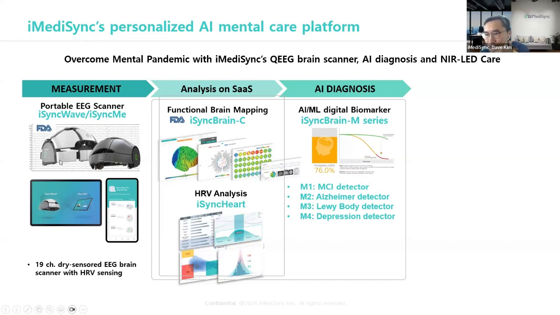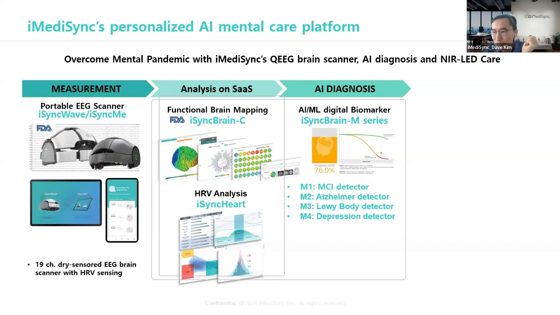The first model is called the iSyncWave. The second model is the iSyncB. In the iSyncWave, we have the right ear PPG sensor. Using that sensor, we can collect HRV at the same time with the 19-channel EEG. In the iSyncB, we have the PPG sensor on the forehead.